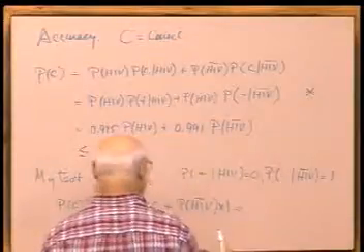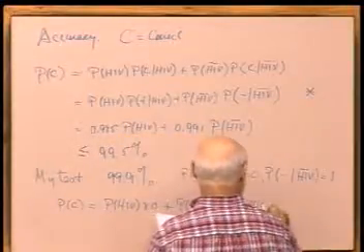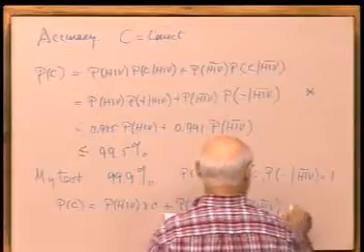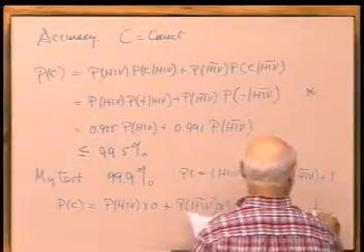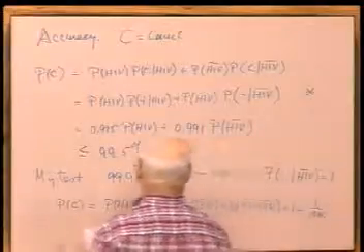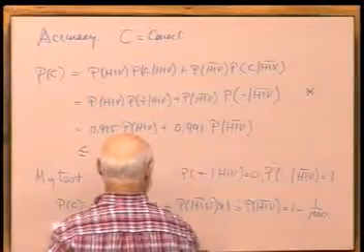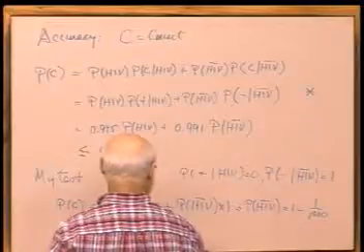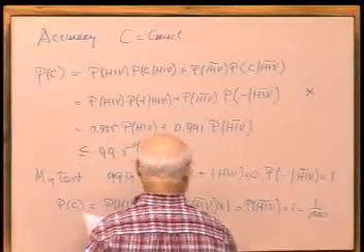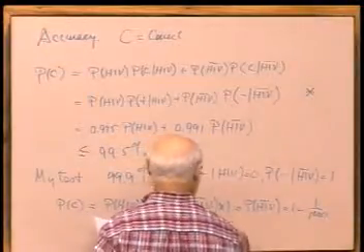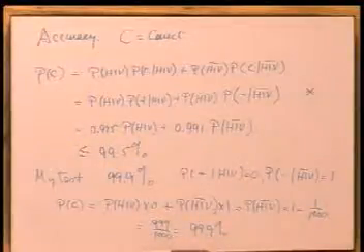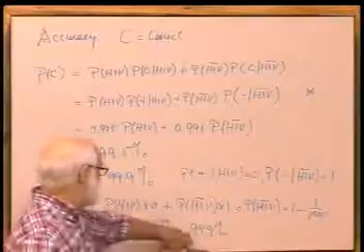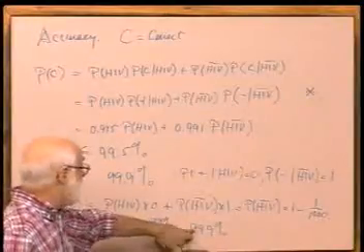So in other words, the answer is the probability that an individual does not have HIV, which you already know is 1 minus 1 over 1,000, or 999 over 1,000, or in other words, 99.9%.